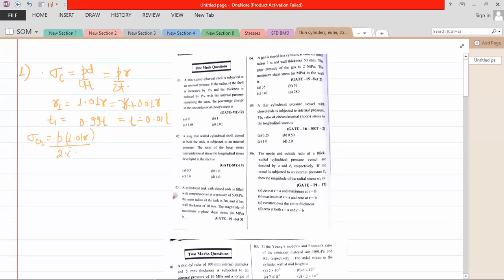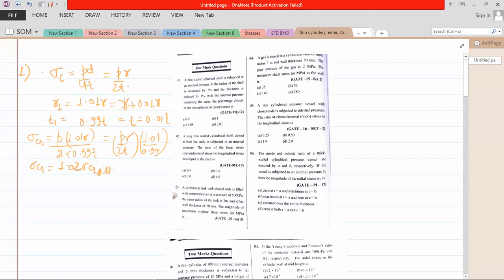What is the value of thickness? Thickness is 0.99 T. Now you can write it like PR by 2T into 1.01 divided by 0.99. So what is the value of 1.01 divided by 0.99? Its value is 1.02 of sigma, and this is your old.